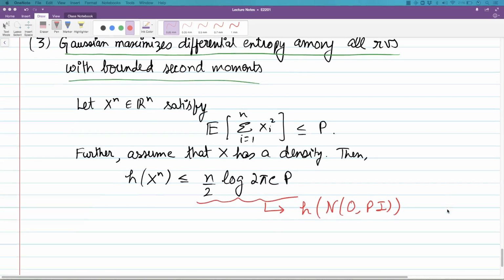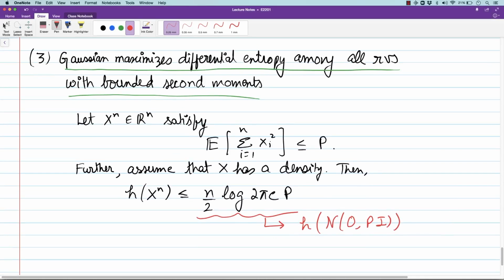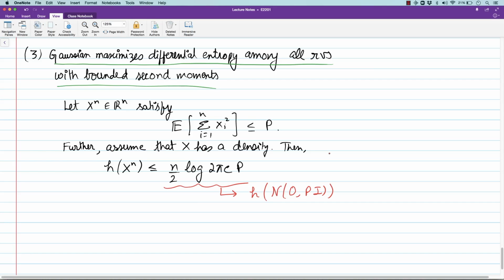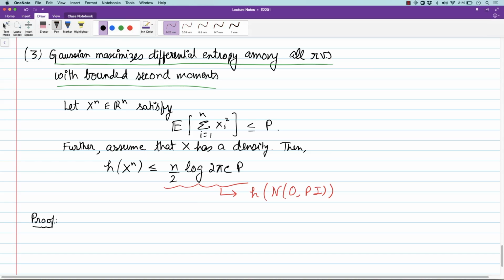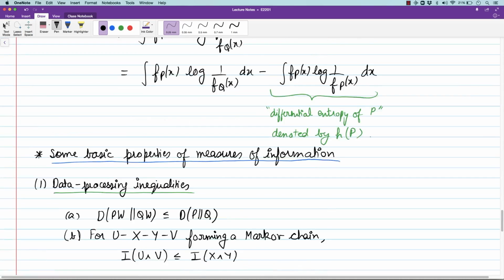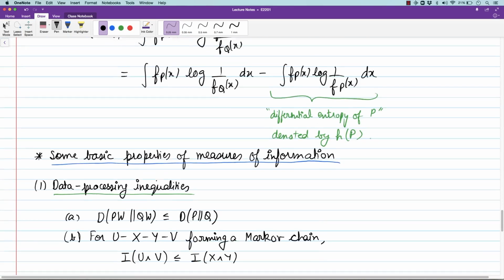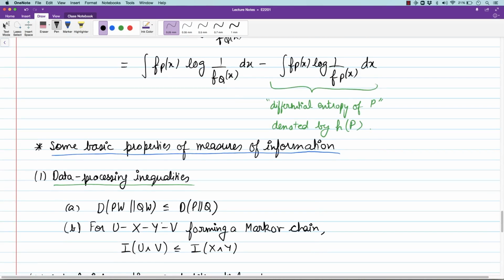So how do we prove it? The proof is actually very simple, similar to the way we showed that geometric distribution maximizes entropy. By the way, one property that I never covered for divergence is that divergence is non-negative, and that's just because, again, Jensen's inequality.